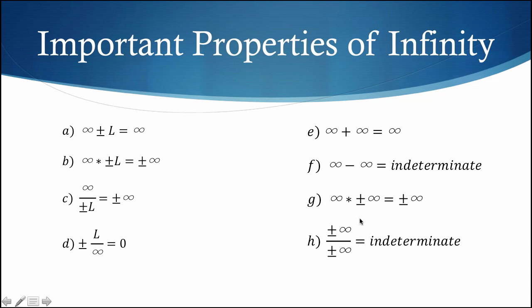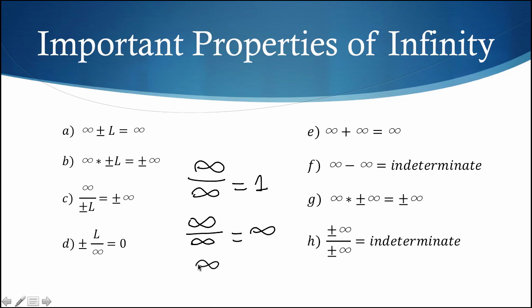However, if you're dividing infinities, that's also indeterminate. How do we know if it belongs to the case where it's 1? Or how do we know if the numerator happens to be bigger than the denominator and we get infinity? Or how do we know if the denominator is actually bigger and we get the property that it's 0? It's ambiguous, so we say that it's indeterminate in this case.